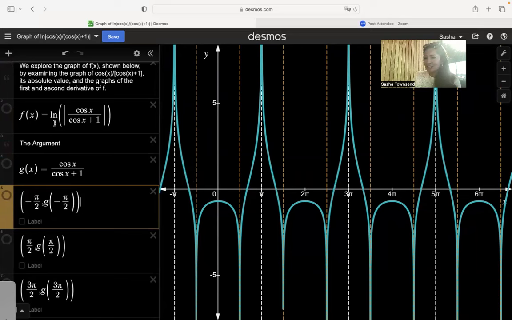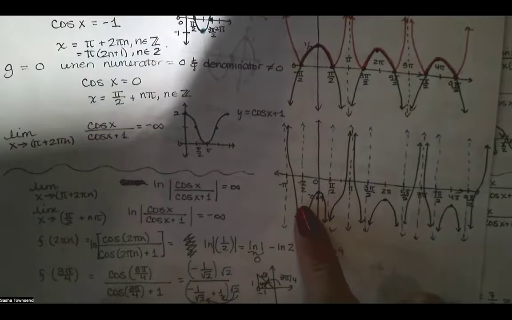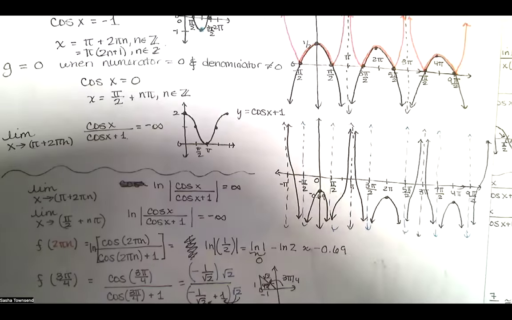It's actually very similar to what I drew on my paper. Actually, I want to show you what I drew on my paper. So when I drew this on my paper, this is what I got. And it's very, very similar, right? It's a little bit difficult to see.